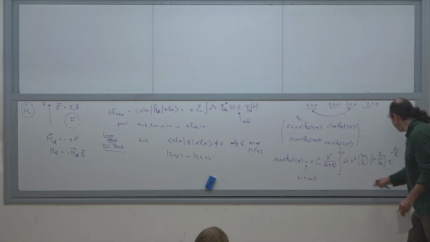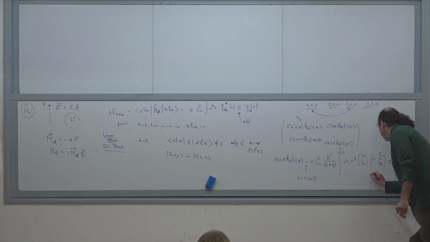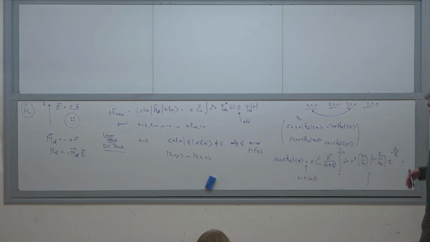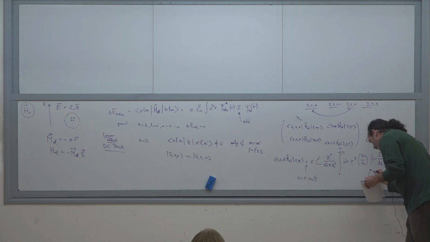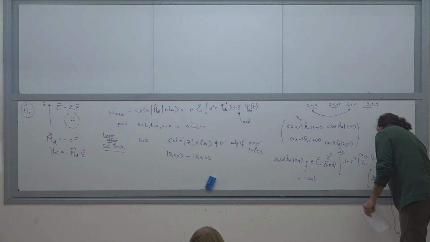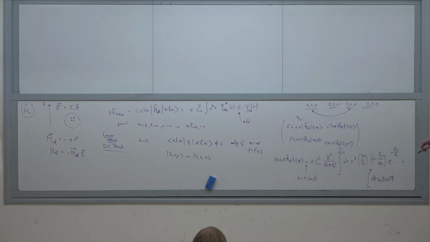That's the radial part, and this radial part should be multiplied by the angular part of the wave function. So this is from 0 to pi, d theta, sine theta, cosine theta, cosine squared theta. That's the integral over theta, and there is another, of course, integral over phi. So that's the whole integration.